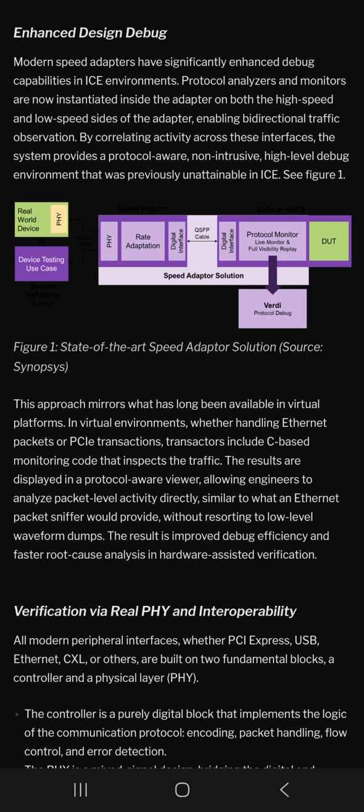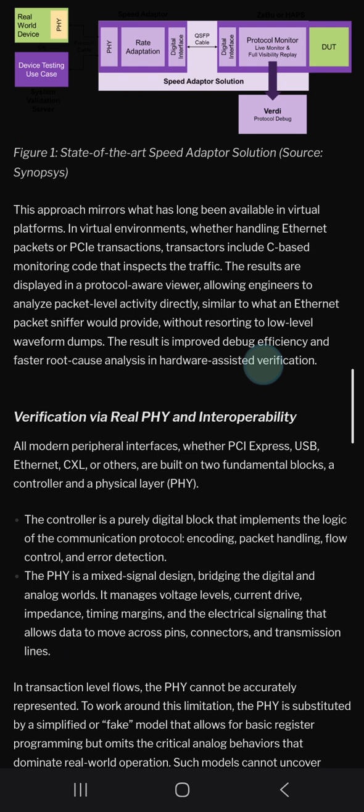The results are displayed in a protocol-aware viewer, allowing engineers to analyze packet-level activity directly, similar to what an Ethernet packet sniffer would provide, without resorting to low-level waveform dumps. The result is improved debugging efficiency and faster root cause analysis in hardware-assisted verification.